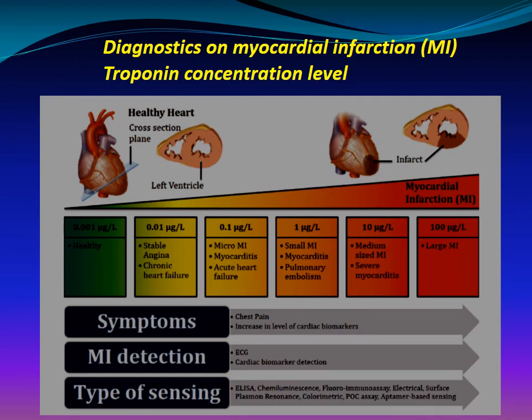In small myocardial infarction, myocarditis and pulmonary embolism, the level is in the range of 1 microgram per liter. In medium-sized myocardial infarction and severe myocarditis, the troponin level is 10 microgram per liter. In large MI, it goes up to 100 microgram per liter.